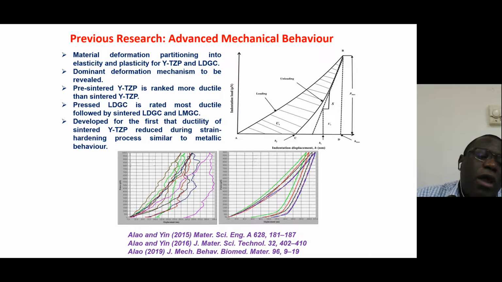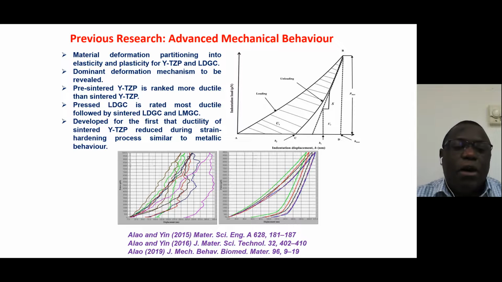So I found out that pressed lithium disilicate glass ceramics is rated most ductile, followed by sintered lithium disilicate glass ceramics, and the least is lithium metasilicate glass ceramics, which accounts for the brittle fracture of lithium metasilicate glass ceramics.